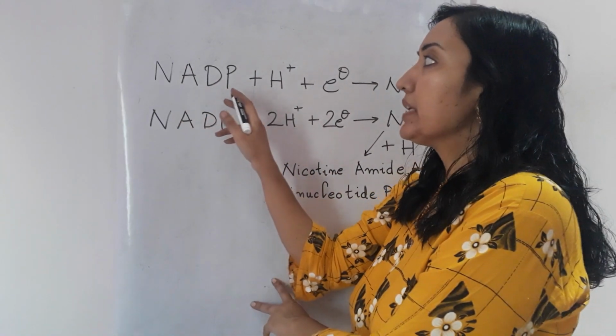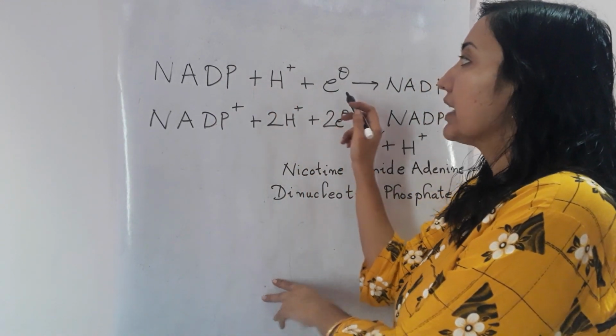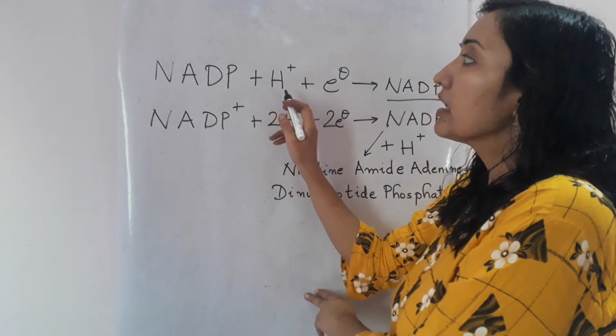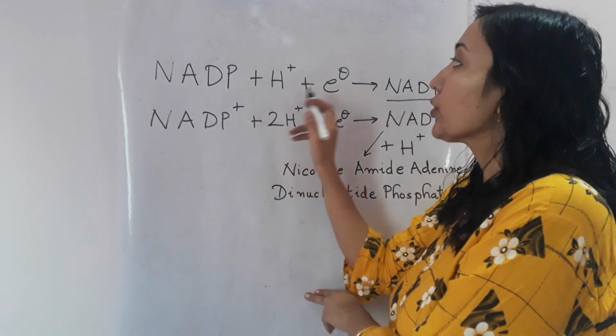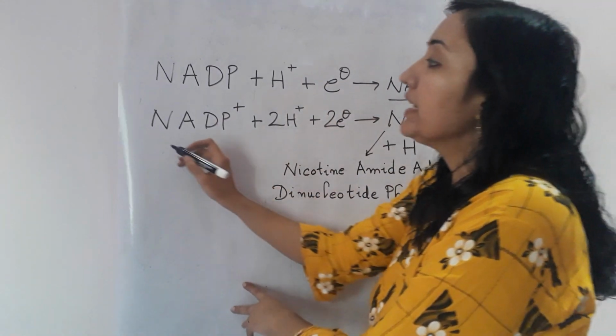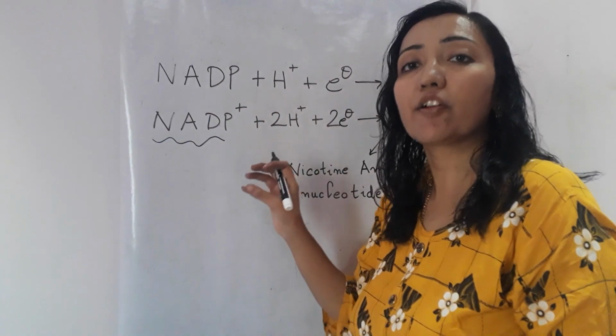The reaction is NADP plus proton plus electron gives NADPH. NADP plus hydrogen ion, proton, plus electron is NADPH. The electron is given to NADP plus, which is present in the stroma and is already electron deficient.